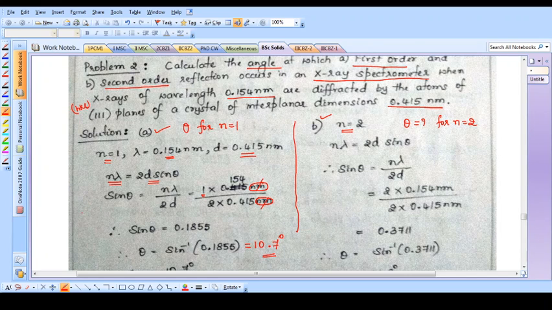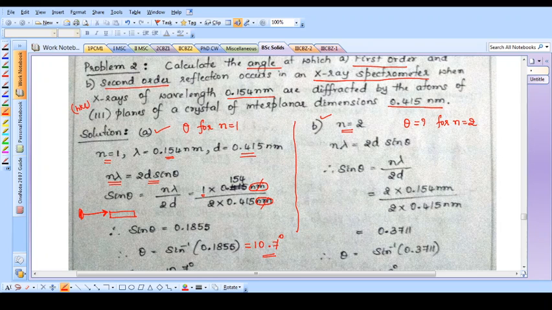So what does it mean? Suppose you have a source of X-rays, and you have a crystal here. Now the X-ray just touches the surface of the crystal. Just kisses the surface.